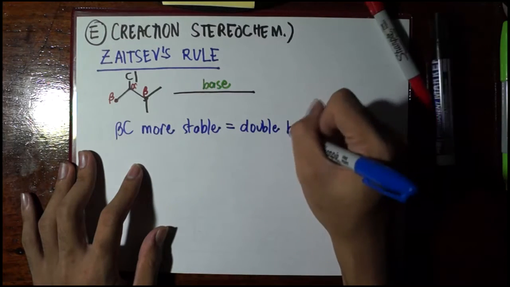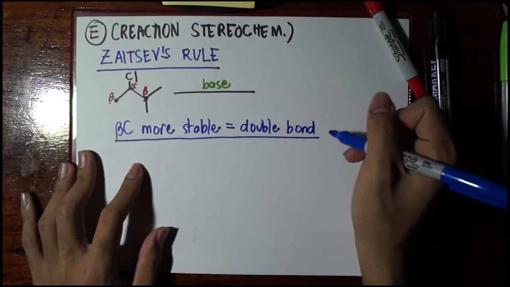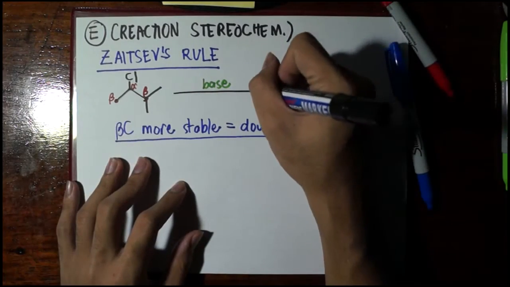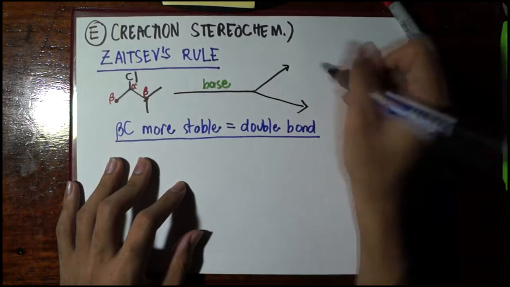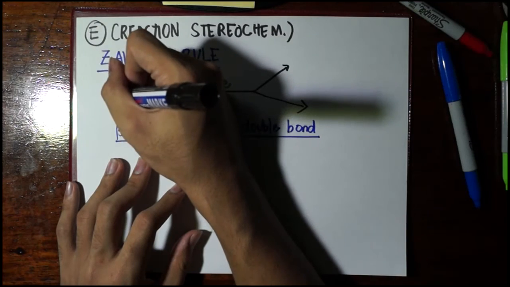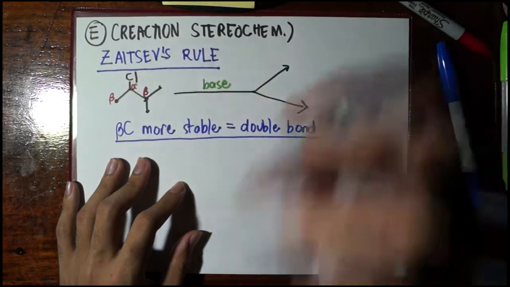This is kind of different from how Markovnikov's rule is explained, but actually the principle in concept is very much the same. So look at here. The carbon here is not supported by other carbons, whereas the carbon here has two carbons, making it more stable.